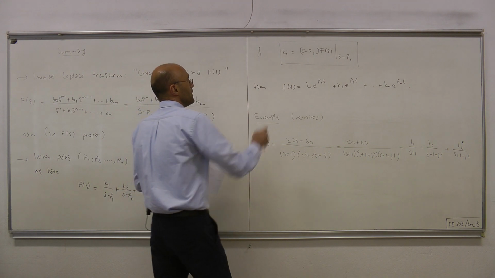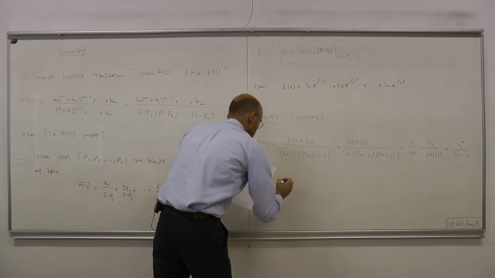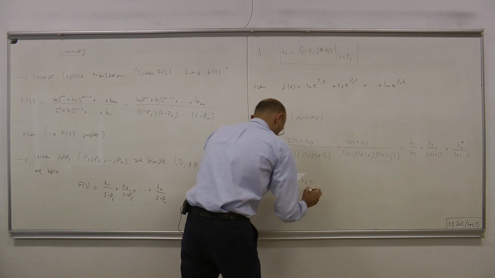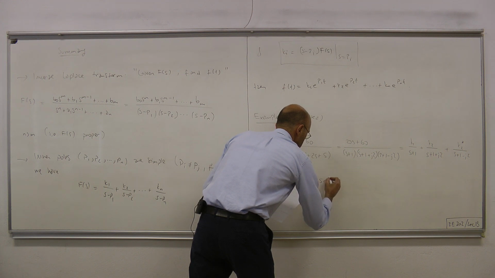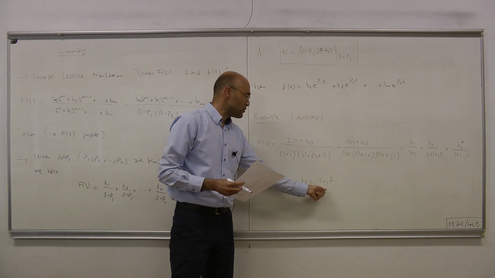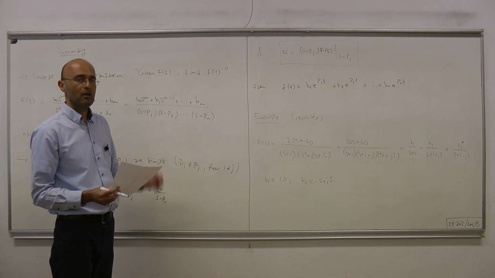Okay, now, using this method, we figured out k1 to equal 10 and k2 to equal -5 plus j5. And we discovered that it's really beneficial to write this in polar form if you want our f of t to look nice.